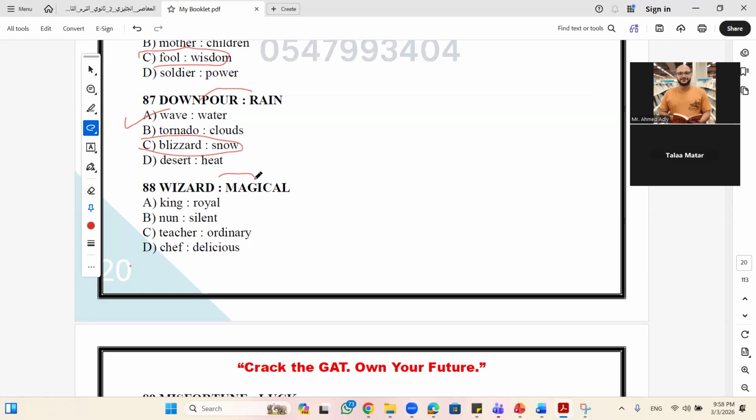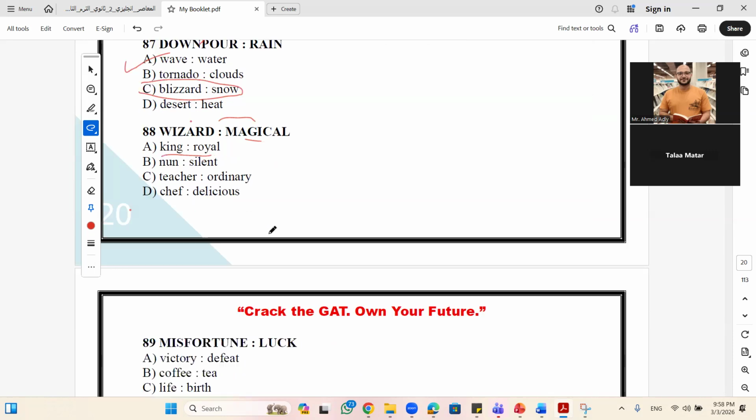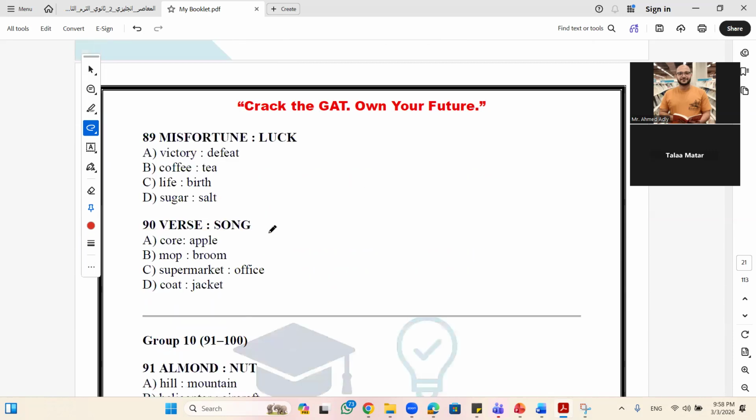A weather is magical. So this is a thing, and this is one of its characteristics. King and royal. Perfect. Kings and monarchs are royal. Misfortune is a person who lacks luck.